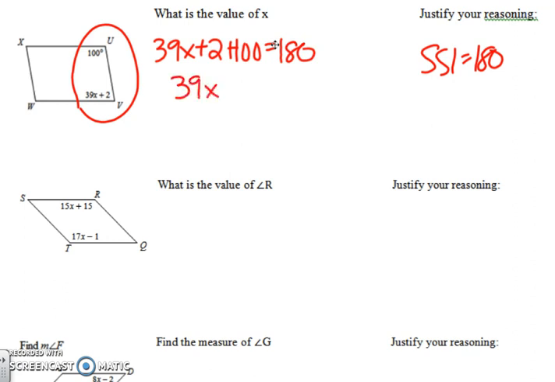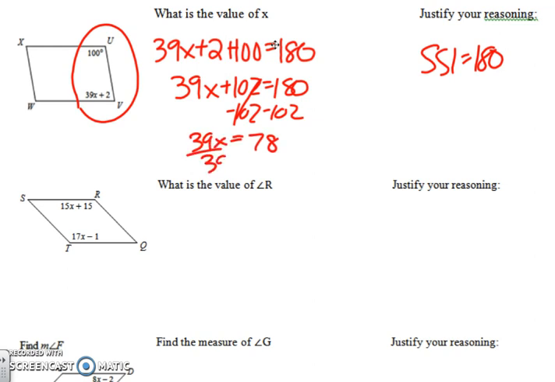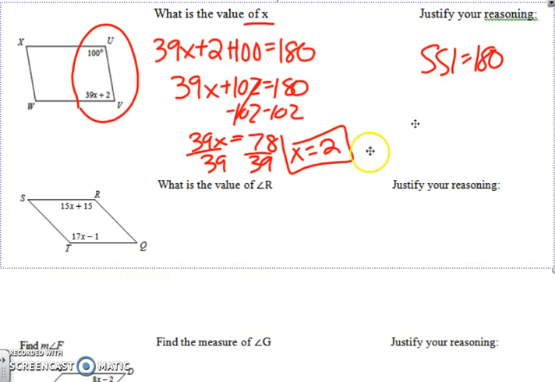Once you combine like terms and subtract, 78 equals 39x. Divide by 39. And x is going to equal 2. I am done because it wanted me to solve for x. If I wanted you to find an angle, you would just plug it back in.